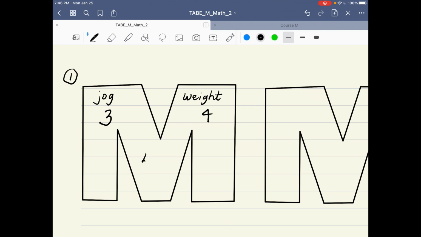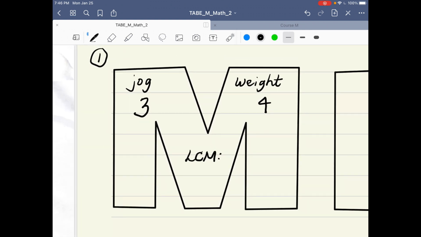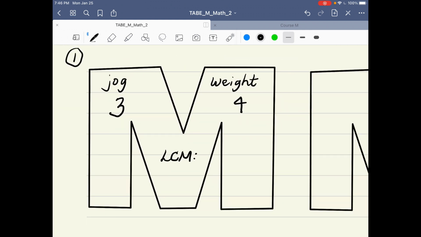And we want to know the first day that she will do both on the same day. So I'm going to list the multiples of 3 and 4. I always start with my largest number. So I have 4, 8, 12, 16, 20, and the list would keep going if I chose to.